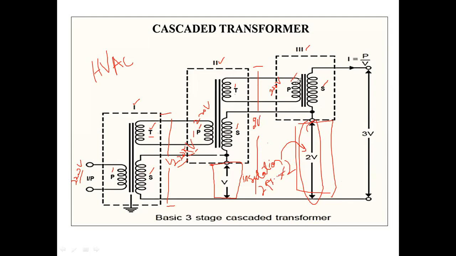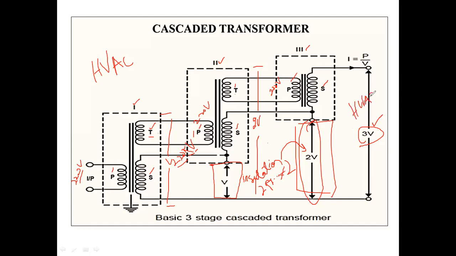Again a step up transformer, so we will get 3V over here. In this way we have obtained a high AC voltage.